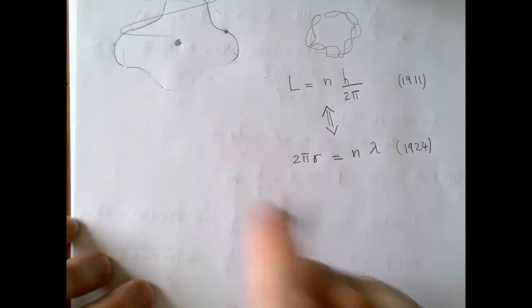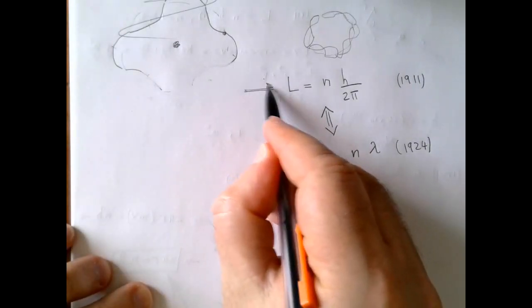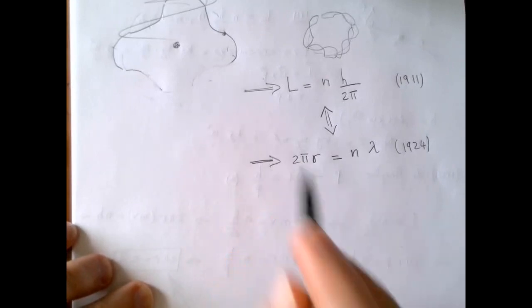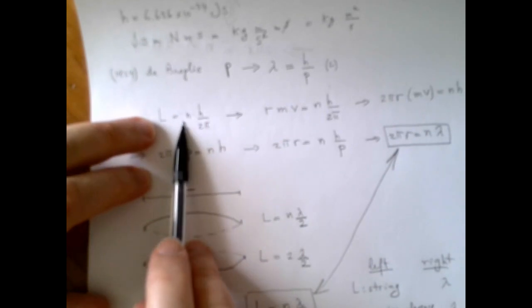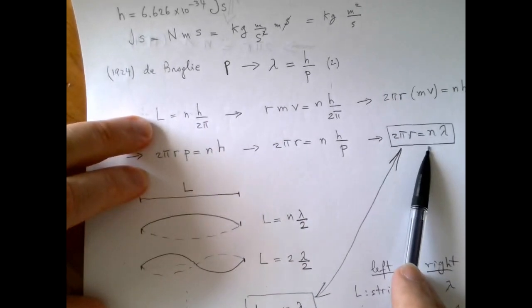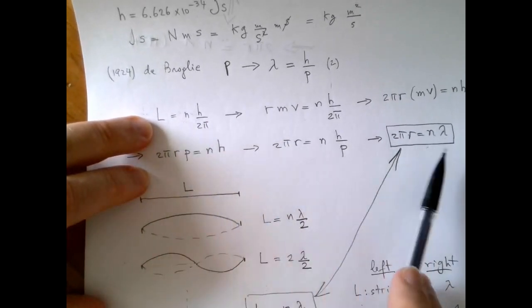And we'll see in a separate video how we can, using either this or this, it doesn't really matter at this point, because we just showed that they are equivalent. We started from this one and we ended up with this one, right? We started from here and we ended up here.